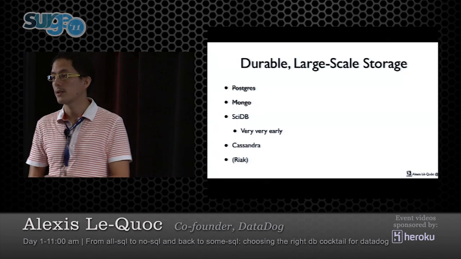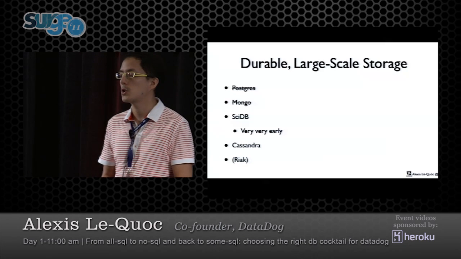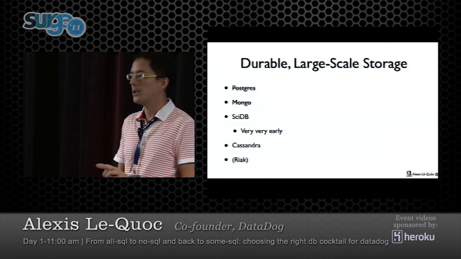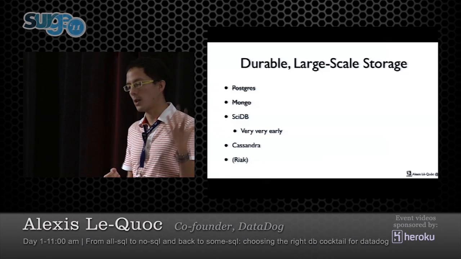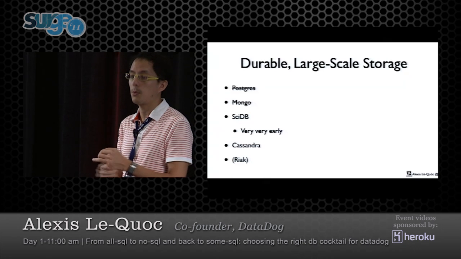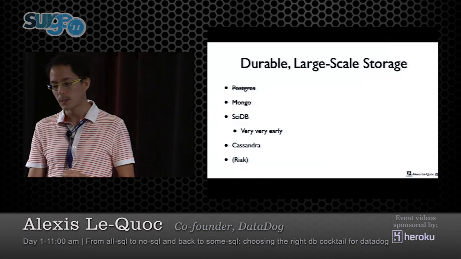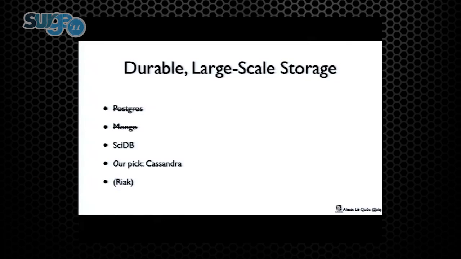The problem for us is that it was just too early, and it's still, I think, very early. It works in the context of a scientific project when you have the time to explore, and that's the only tool that's going to work. But for us, we passed, which left our pick, Cassandra, and I'll talk about Riak very briefly.